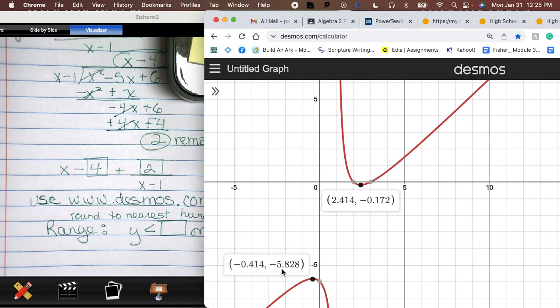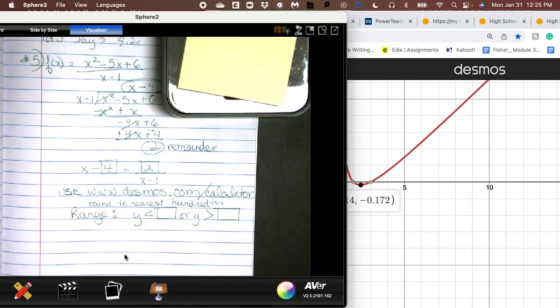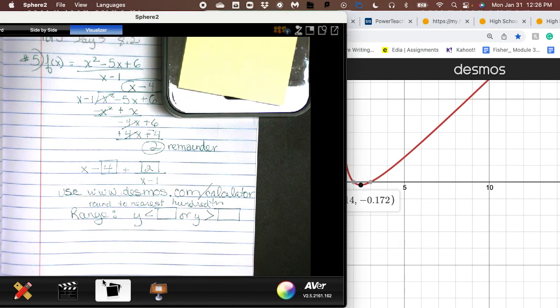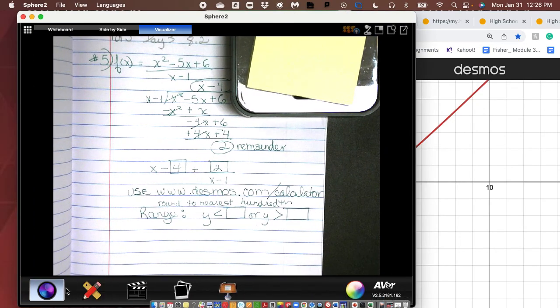So my least number is negative 5.83, and my other number is negative 0.17. So that's what you get to do. And maybe you have the same answer, but don't just copy. Understand.